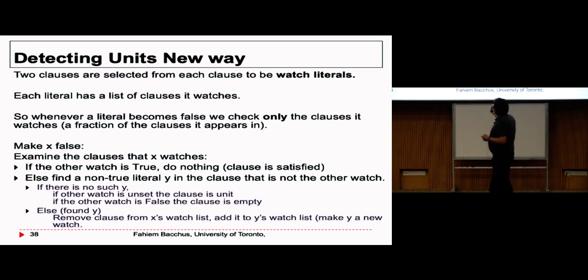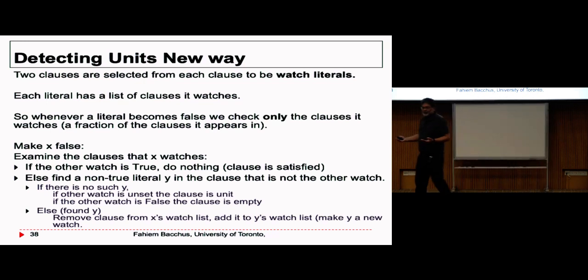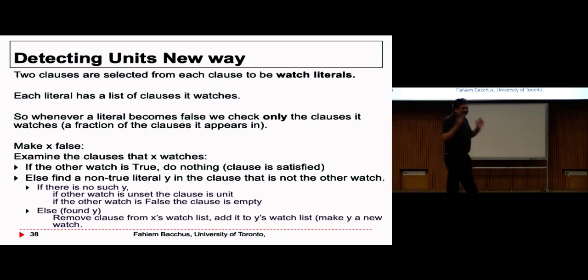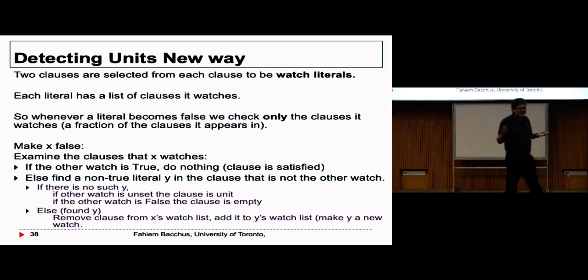And now when a literal becomes false, all you need to do is check the clauses it watches. Okay? And so you know that if the clause is going to become unit, at least one of its watches must be falsified. That's the idea. So you can wait until one of the watches is falsified. You don't care about the other literals in it being falsified.